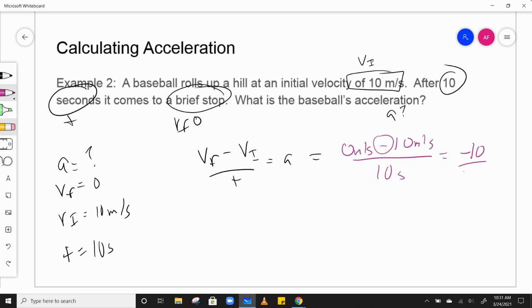Then negative 10 over 10 is negative 1 meters per second squared. So this is telling us that the velocity is decreasing over time, 1 meter per second every second.